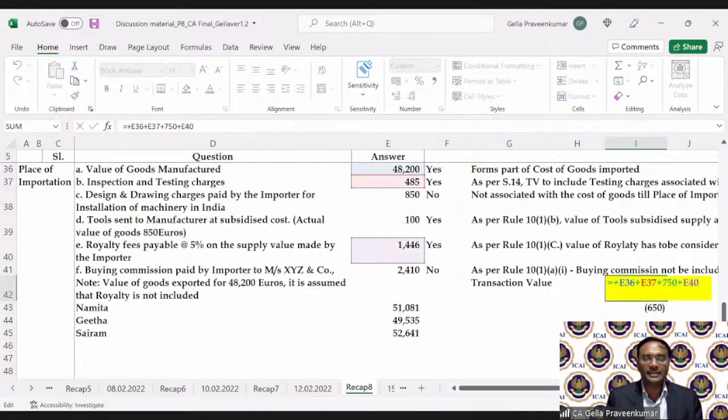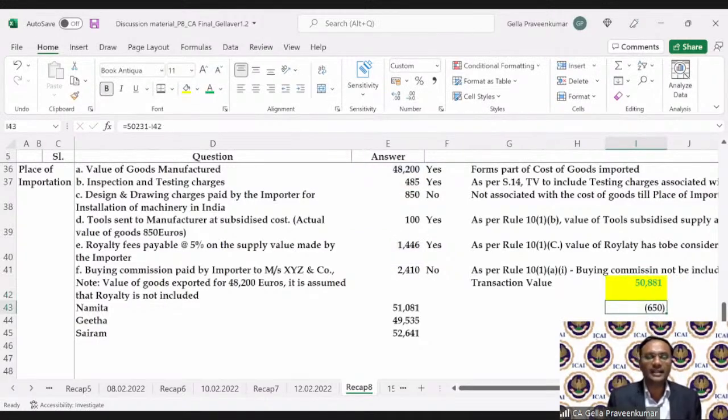Instead of 850, you have reduced 850 minus 100, that is 750. Again, 100 you have reduced now. You should actually add back 750. Please check your calculation, Sairam.